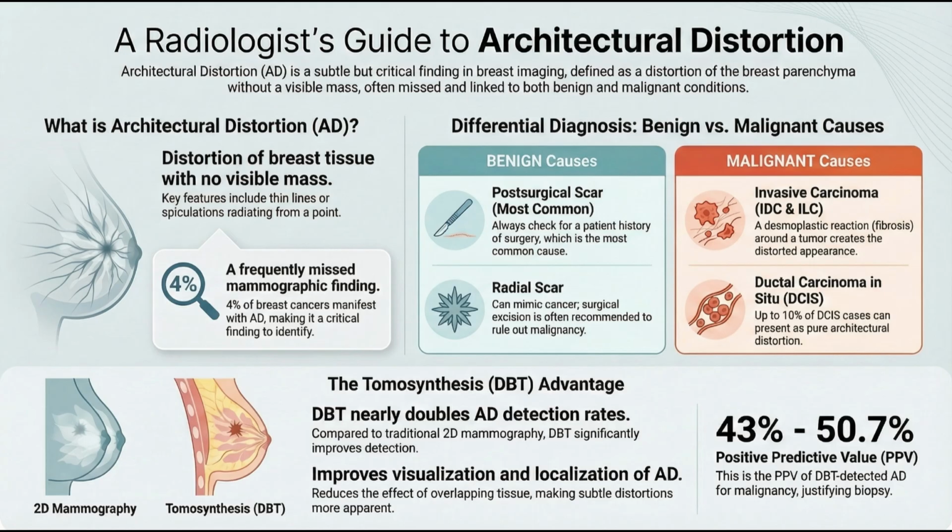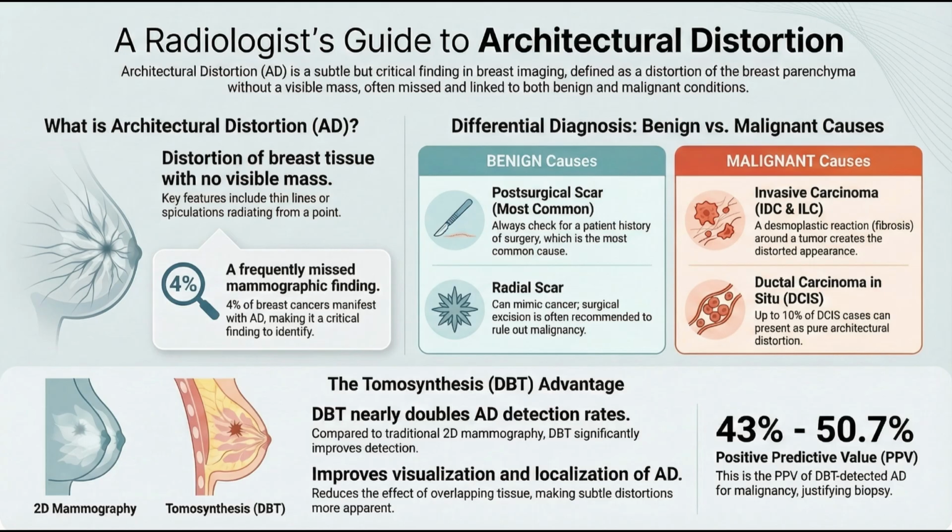So if we translate that into what someone's actually seeing, what are the key characteristics? What's the telltale sign? You're looking for a few specific visual hallmarks. The most recognized are these thin, straight lines or spiculations that radiate out from a central point. It's like the spokes of a wheel, but without a visible hub. I see.